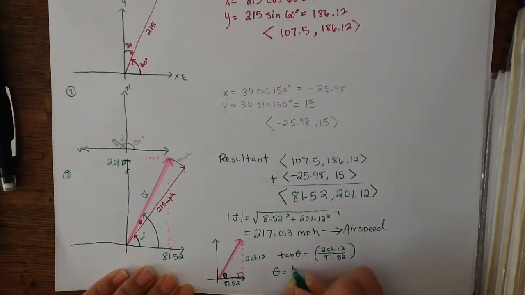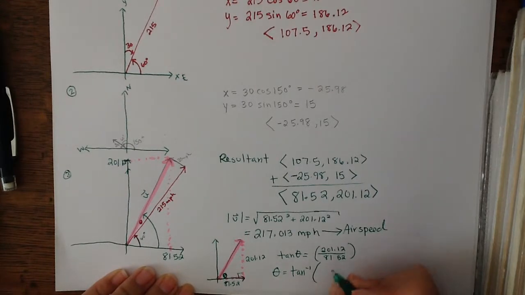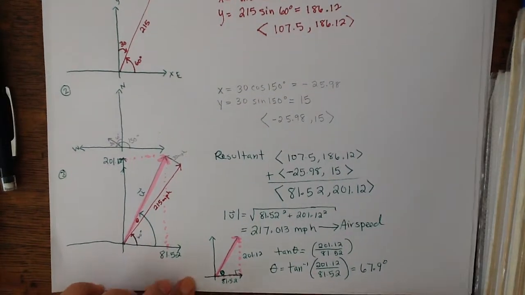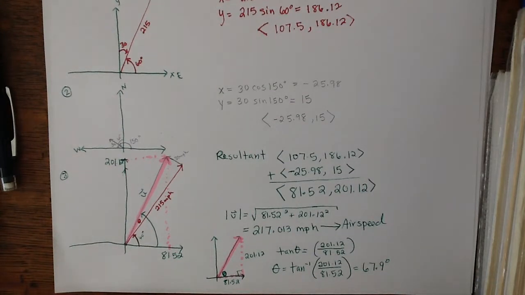To solve for an angle, we have to use the inverse trig function; we have to undo the tangent. When I put these values into my calculator, I get 67.9 degrees. Remember, that is from standard position, and that's exactly what the question asks for.